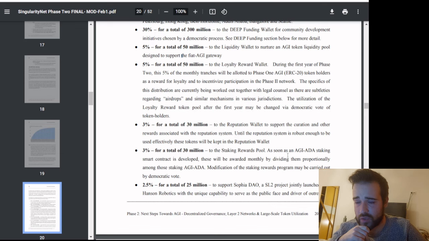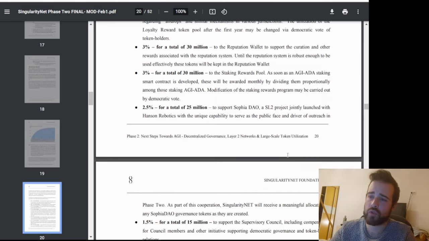We have 3% going to a reputation wallet to support the creation of the reputation system and other rewards associated with the reputation system. Basically, the reputation system is just how users and even other AIs will classify the performance of the AIs in the marketplace, and will be a very important system to set aside the good ones from the ones that are not that good.